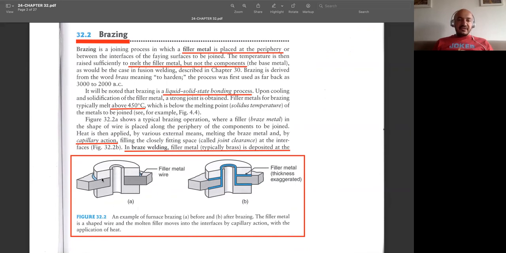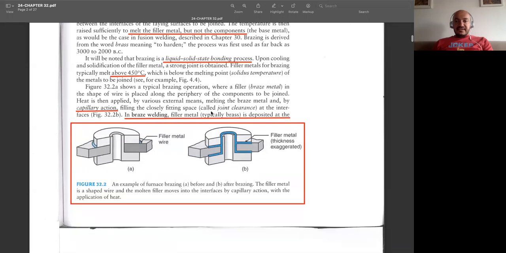And what we do, we apply some brazing metal, and this is a kind of wire this time, and then by different means we melt this wire, and then with the help of capillary action, this secondary metal or filler metal goes into these cavities in between the two parts at the interfaces, and then once it's solidified, we obtain a bond between the products. It's a kind of liquid-solid state bonding process, since we melt the filler metal, but we don't melt the parts to be joined together.